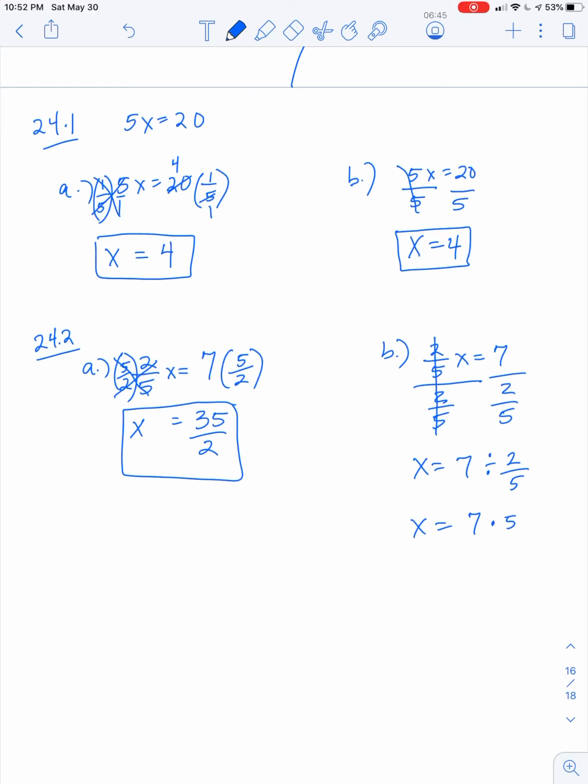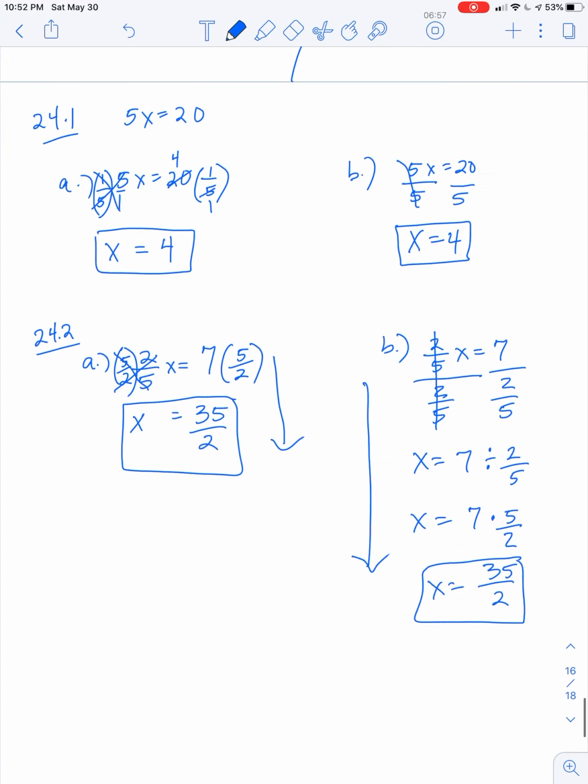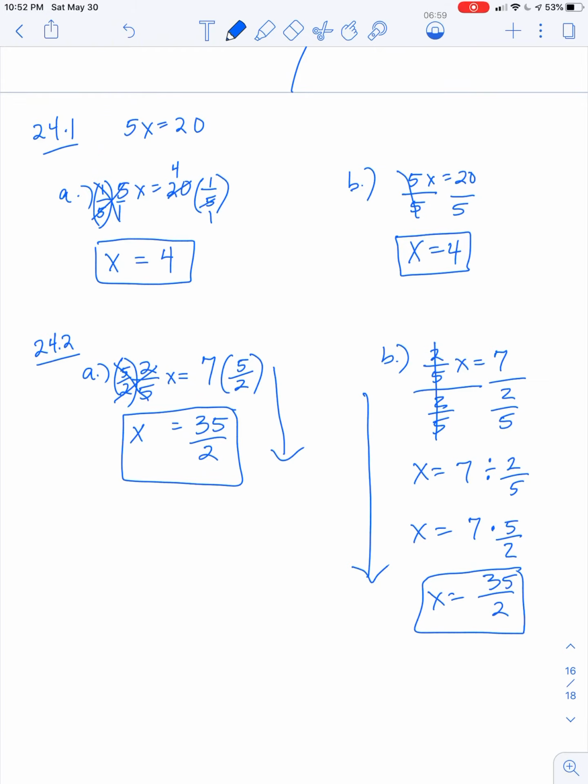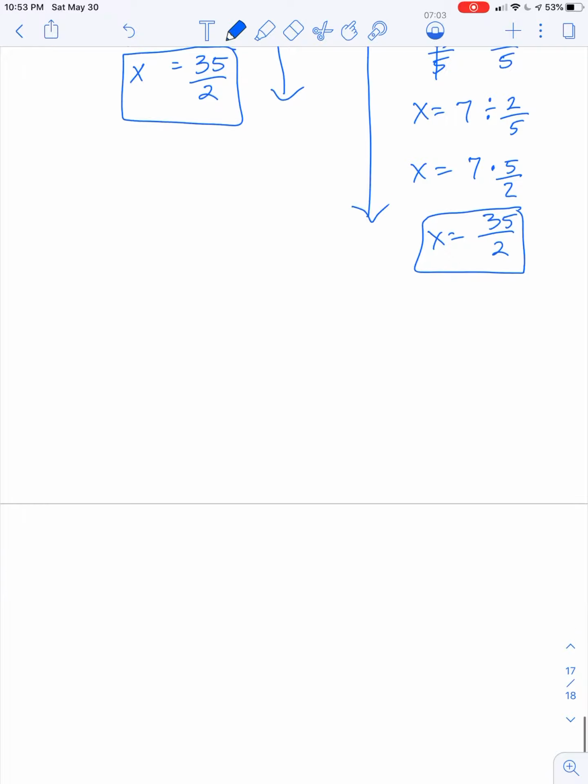We multiply by 5/2, and we end up with 35 over 2. But look at all the steps here. And here we only had like one step. So you have to decide when it's best to use the reciprocal and when it's best to maybe not use the reciprocal. And as you practice these, you'll figure that out.